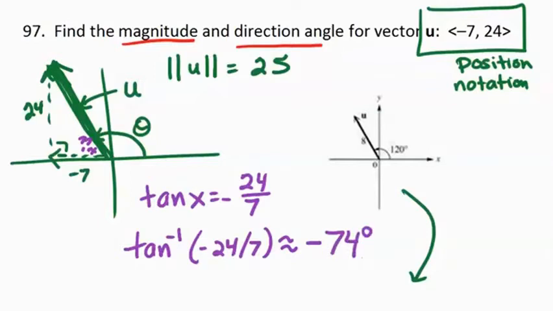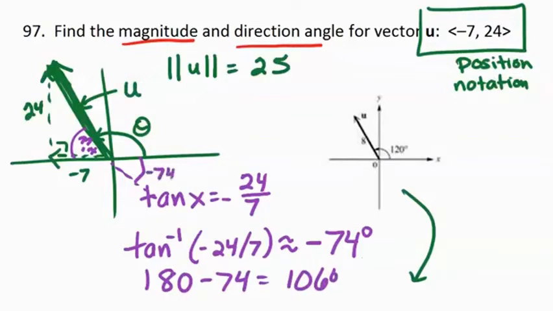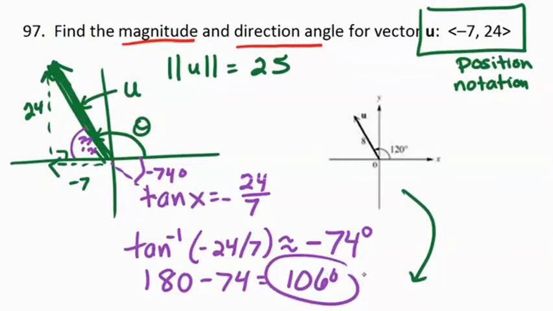Now, obviously that angle is talking about this reference angle down here. So think what we want. Instead of negative 74, we want to change that to its supplement. So let's see what we come up with here. So instead of this negative 74 degree angle, which is equal to that purple angle, I wanted to switch to green there, and I'm having no luck.